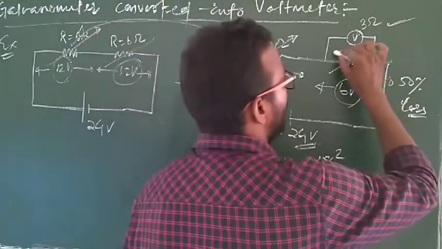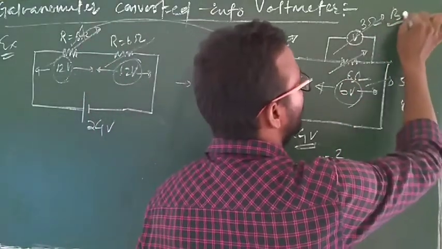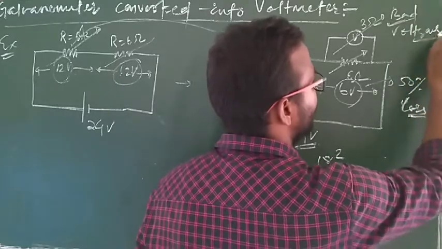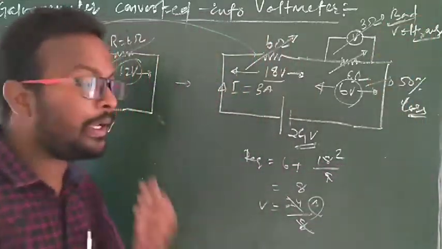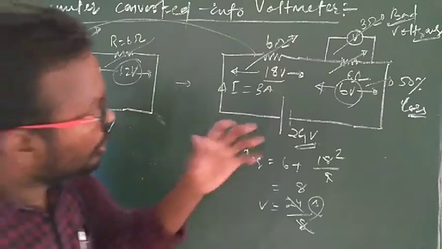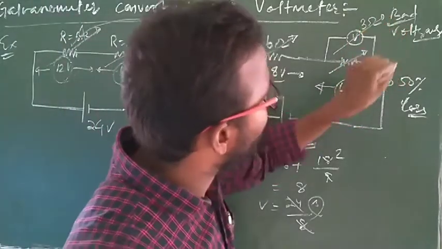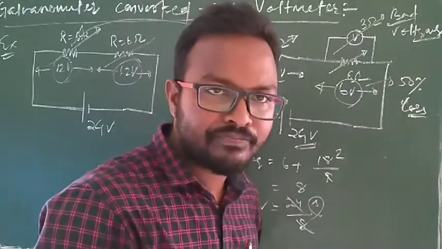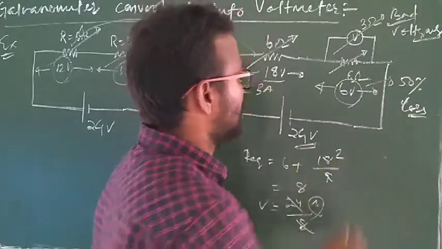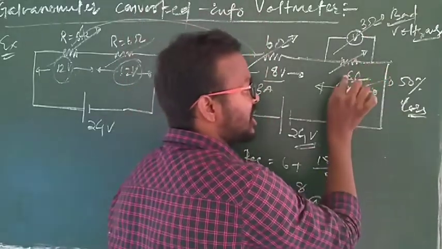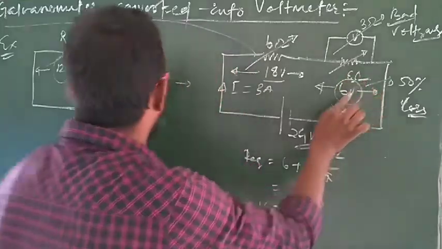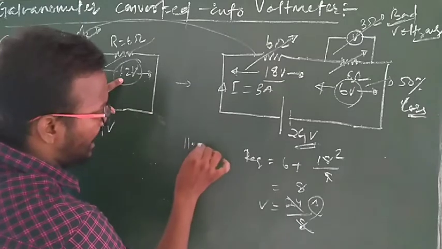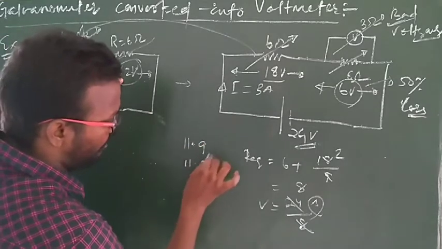Because this voltmeter is a bad voltmeter. So how can we change the resistance of the voltmeter so that the potential measured across the 6 ohm resistor is nearly equal to 12 volt, or it may be 11.9 or 11.8 volt?